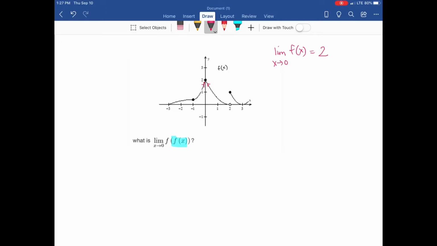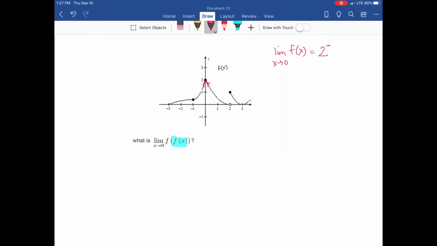Meaning, as I'm getting closer and closer to my x value of 0, my y values are 1.9, 1.99, 1.999. We don't get a scenario where it's 1.99 from one side and 2.001 from the other.